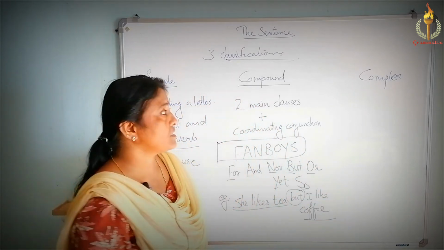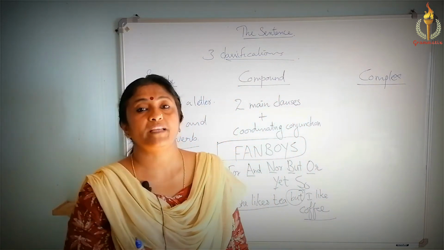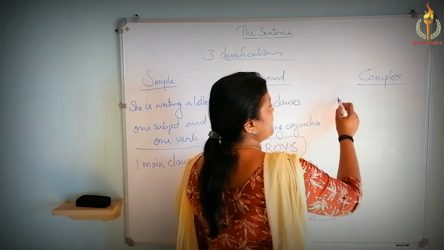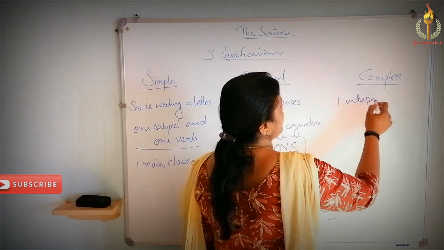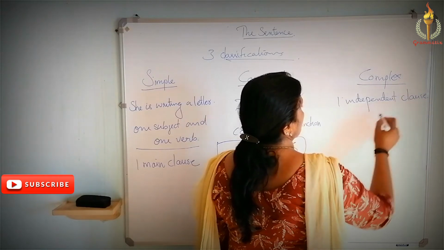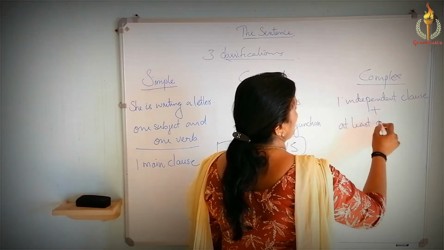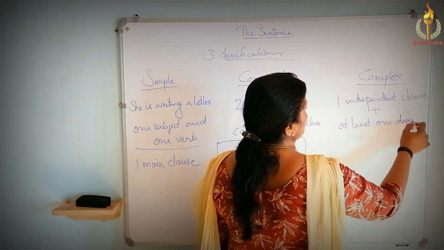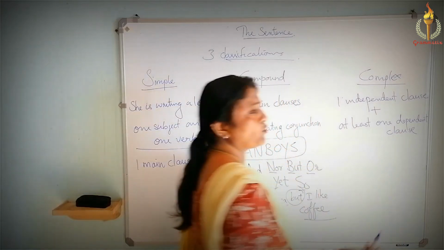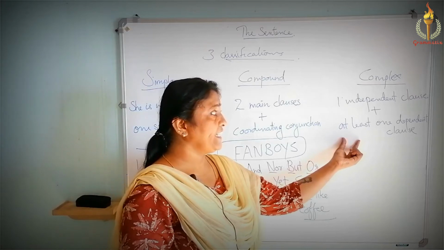They are called the compound sentence. And coming on to the complex sentence, a complex sentence has one main clause and at least one subordinate clause. So one independent clause plus at least one dependent clause. You can have one or two dependent clauses there, but one main clause and at least one dependent clause.